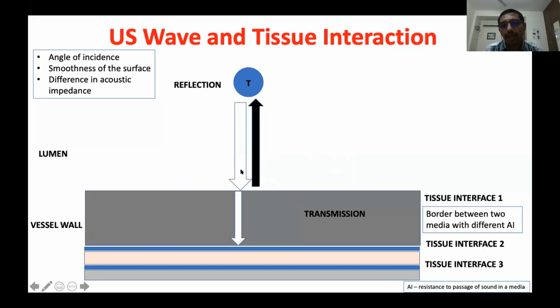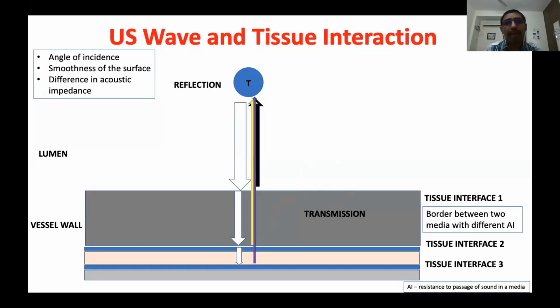If the difference is small, most of the ultrasound waves are allowed to pass through to the next interface. Again the same thing happens in the next interface, and again the same properties, the difference between the impedance goes to the third interface and gets reflected. So this is on the regular surface.